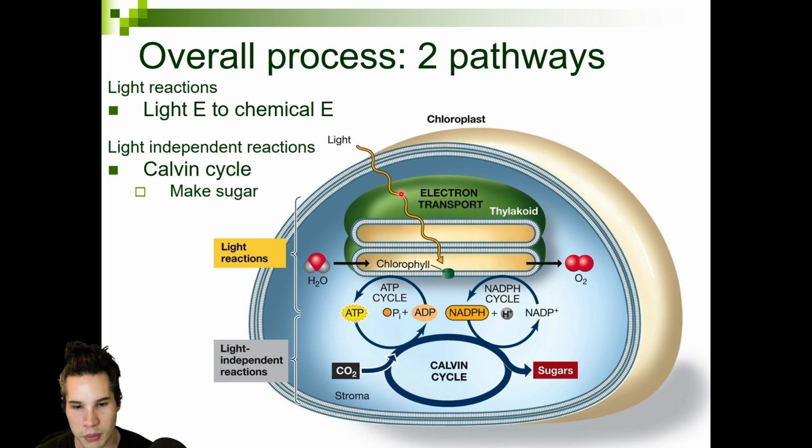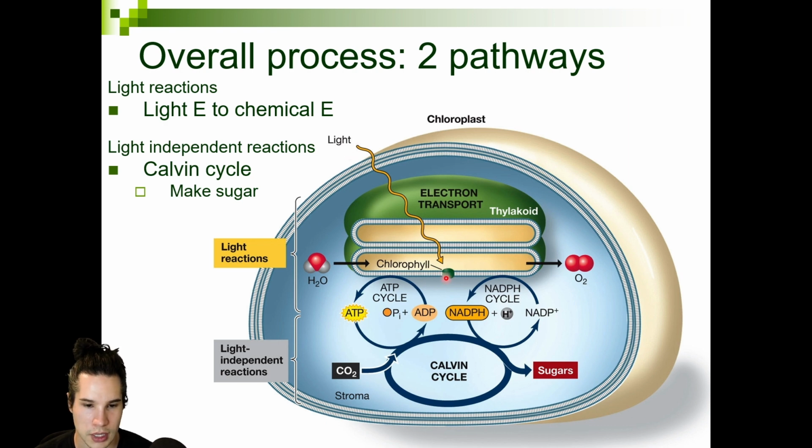So the purpose of your pigments is to absorb as much light energy as possible, and with that light energy absorption, we'll talk about later, you're going to convert that light energy into a usable energy, like ATP, like NADPH.